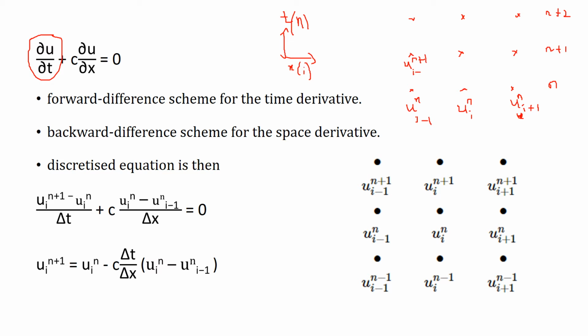Similarly, this is time step n plus 1, but the location remains the same. So this point we can name u n plus 1 I minus 1. This point we can name u n plus 1 and I. And this point we can name u n plus 1 and I plus 1.